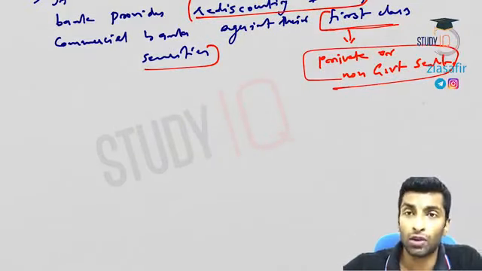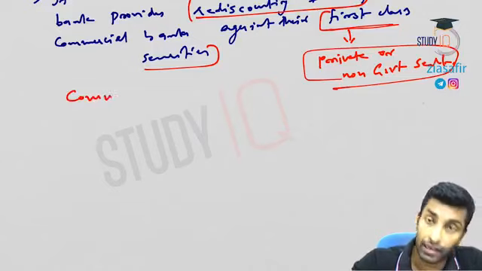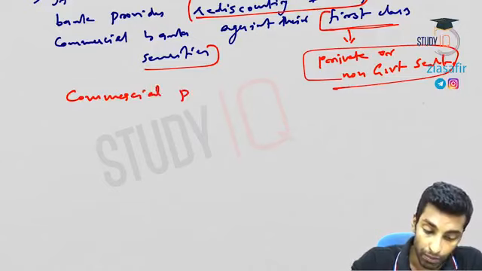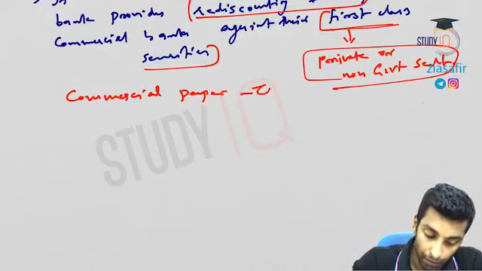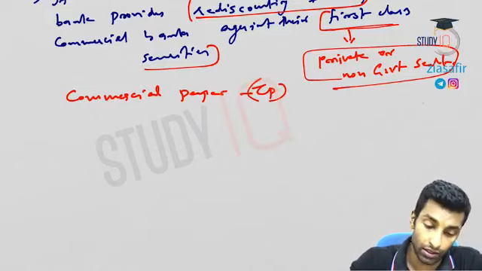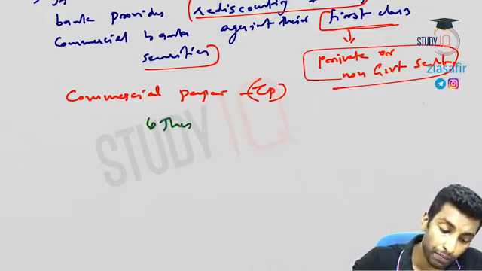Now what are the examples? Commercial paper is an example, commercial bill is an example. Okay, so commercial paper, commercial bill, etc. CP, commercial paper. What is commercial paper?